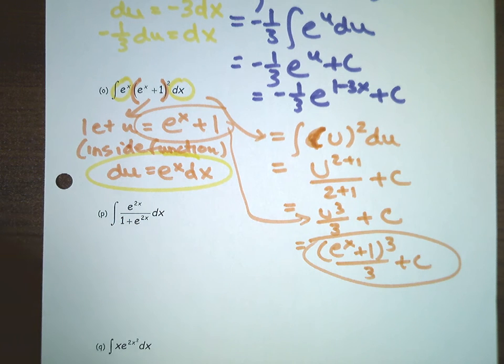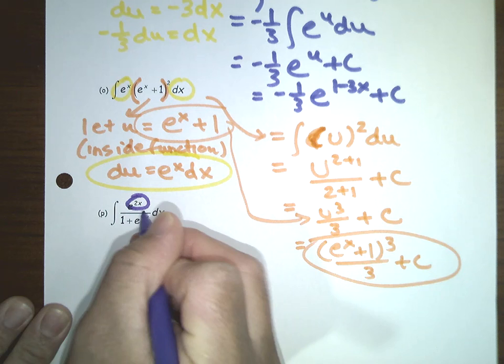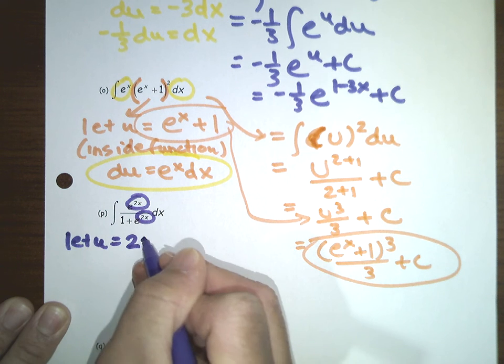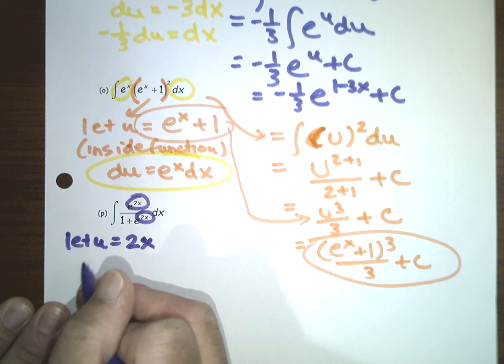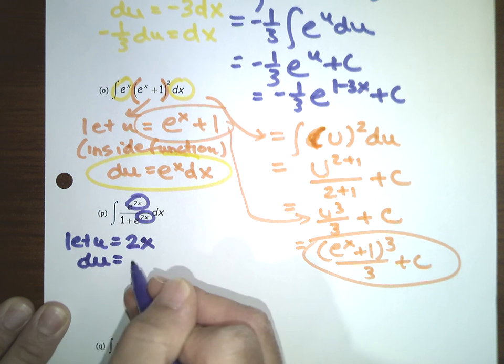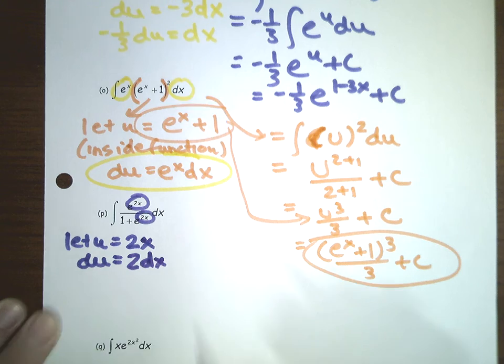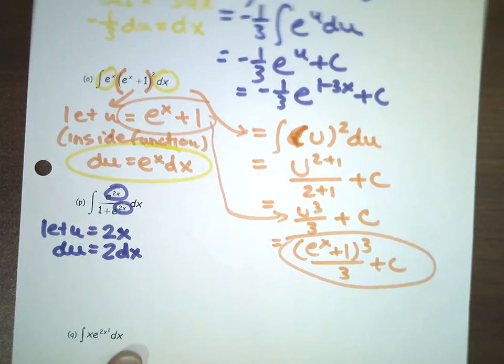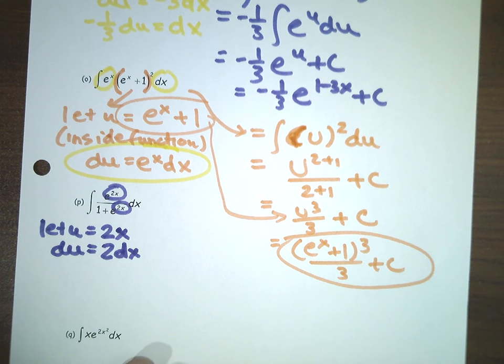So now, I hope that in the next one you see that e does have an exponent other than x. It has an exponent of 2x. So I'm going to try to let u be 2x, and then you could let the du be the 2 dx. Now, is that actually a good way to do that here?